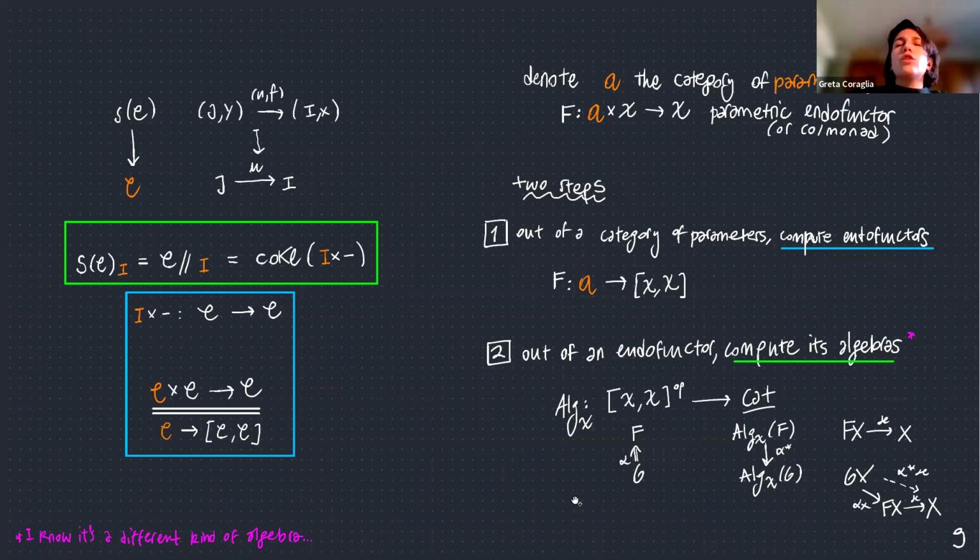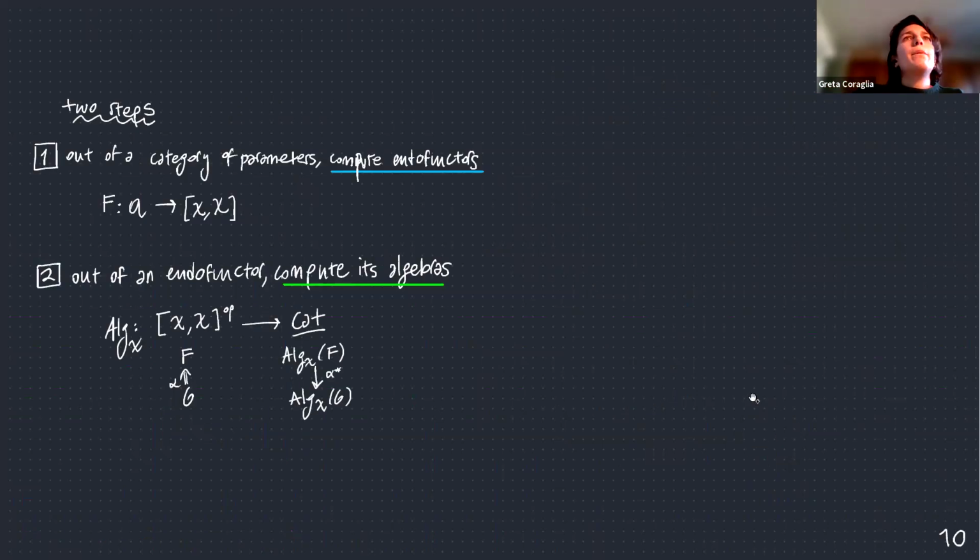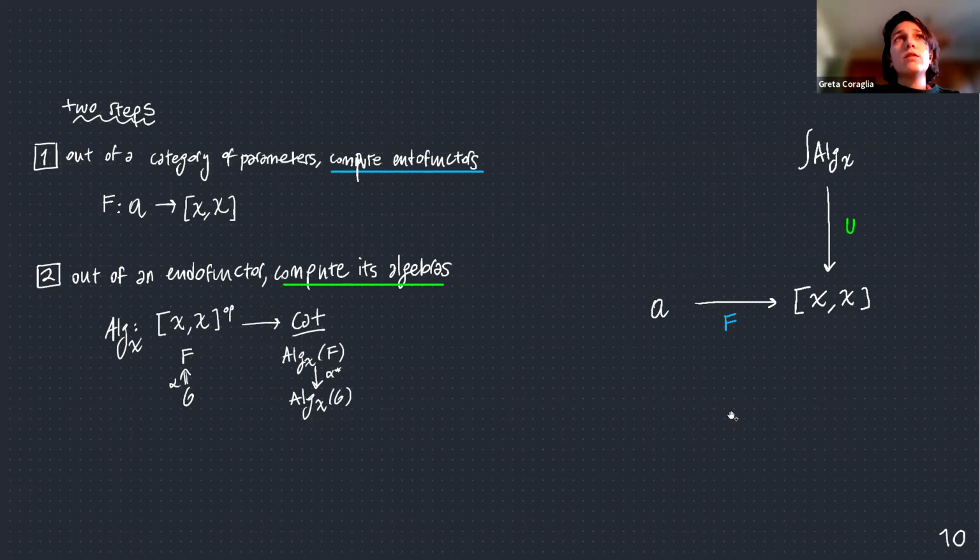Okay, so parameters get endofunctors, endofunctors get algebras. Perfect. Now we try to combine the two together, because if you remember, the process of the example from Jacobs was actually combining the two. So parameters get endofunctors, and then endofunctors get algebras.